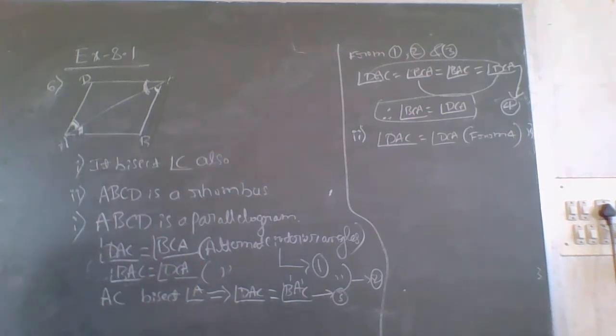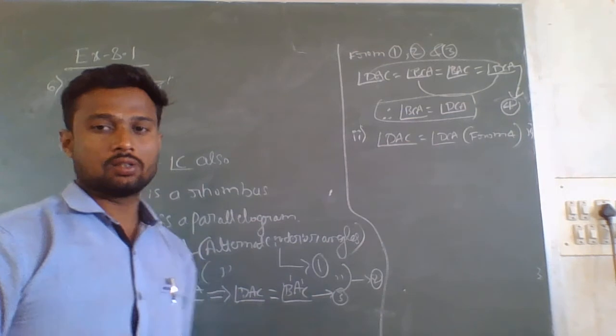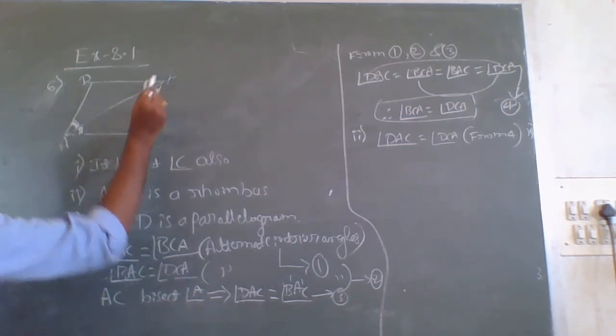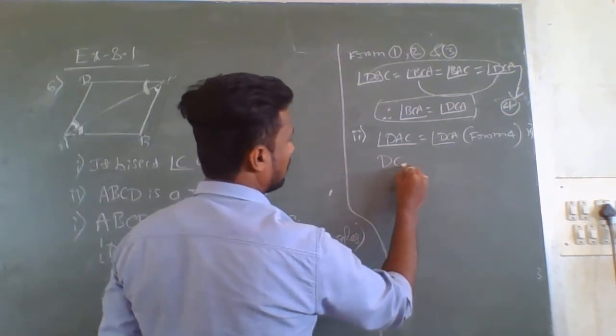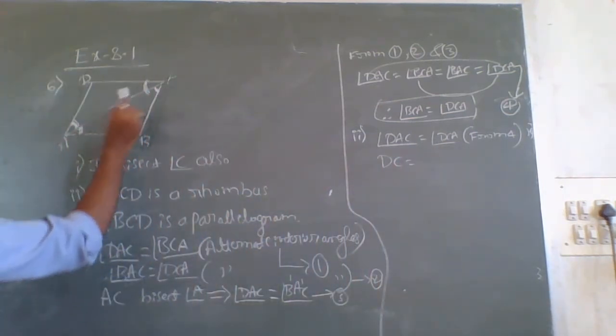So now we know that opposite sides of equal angles are also equal. Therefore, what are the opposite sides? Angle DAC: the opposite side of this angle is DC. DC equals DCA. DCA means this angle.